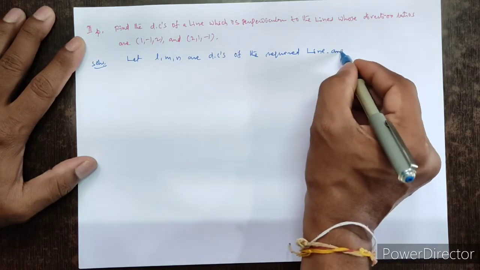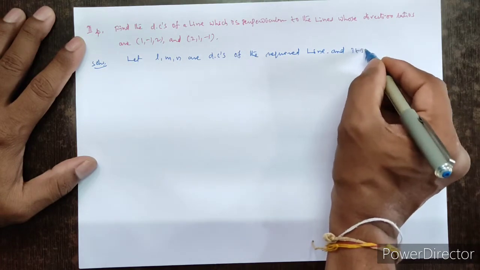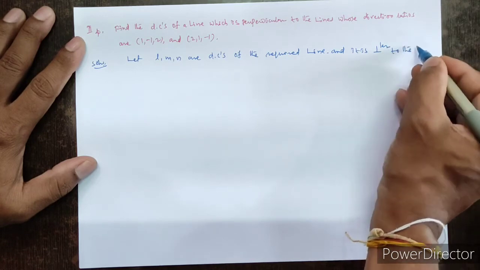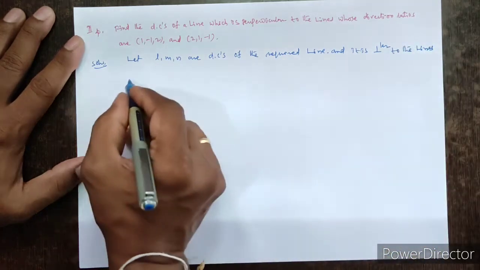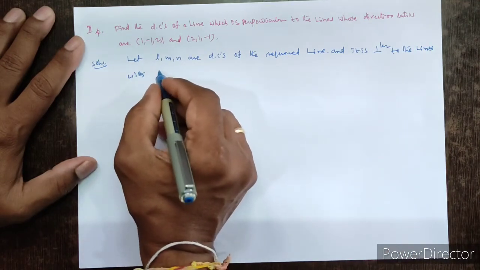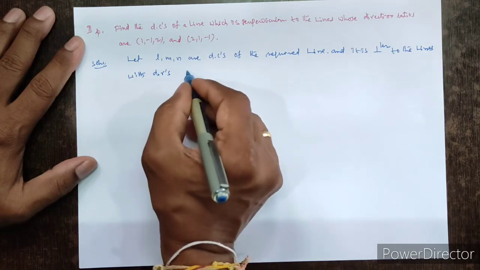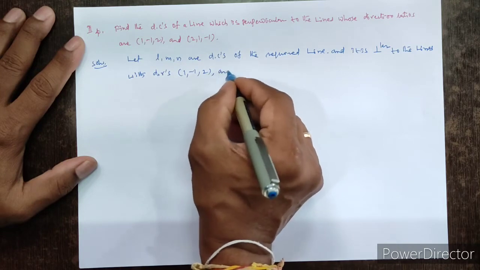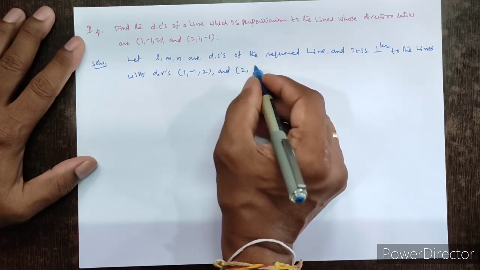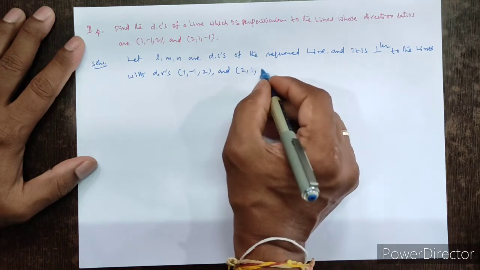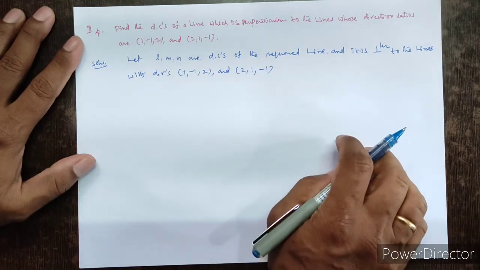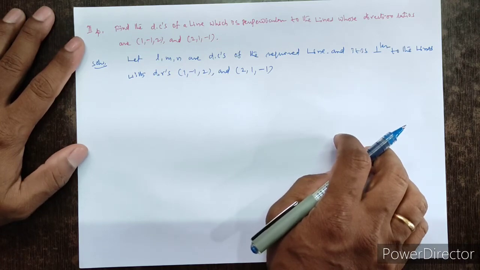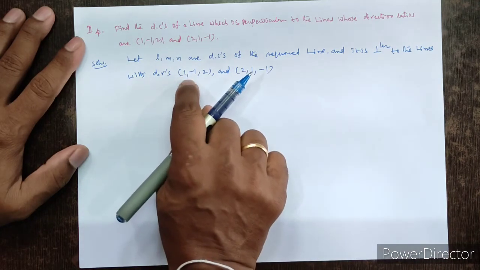The line is perpendicular to the lines with direction ratios 1, minus 1, 2 and 2, 1, minus 1. Already we know these direction ratios can be treated as direction cosines also.